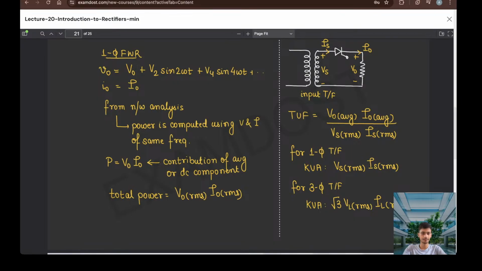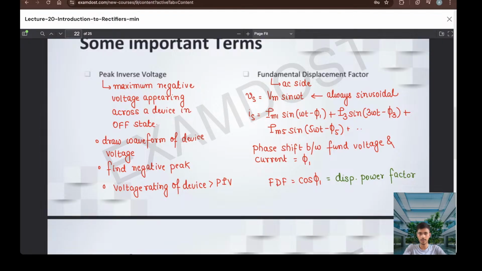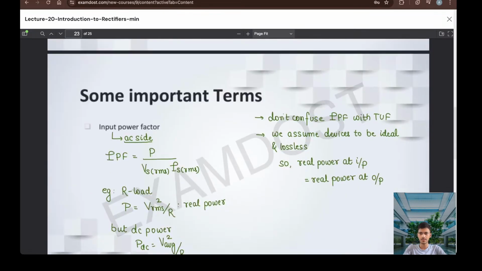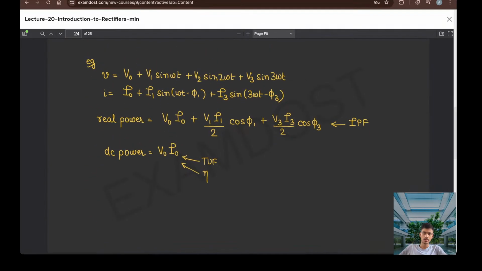Okay. Peak inverse voltage, simple. Inverse is there, so we will use the positive number, max, and negative voltage applied, just in off state, how much voltage appears across the off device. Fundamental displacement factor, not important. So there is, I think this is source voltage and source current.